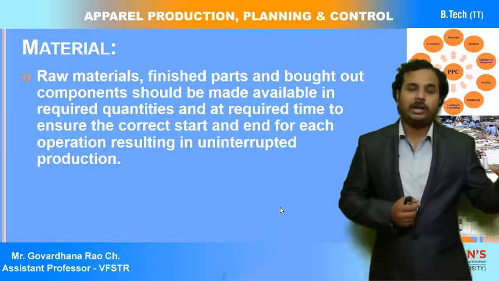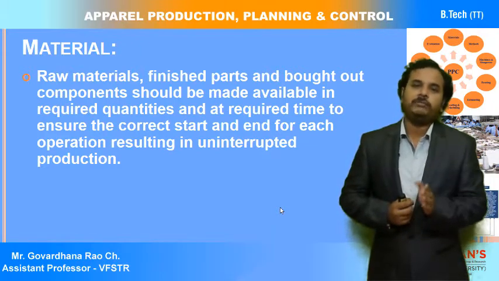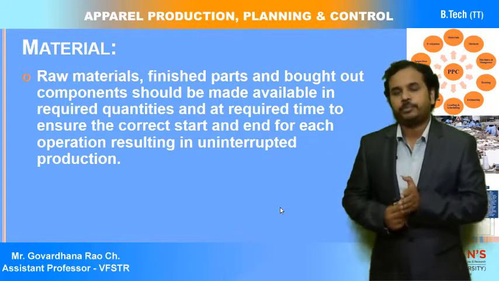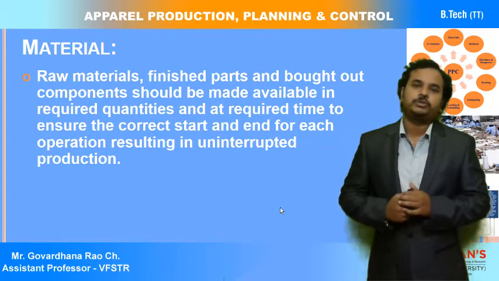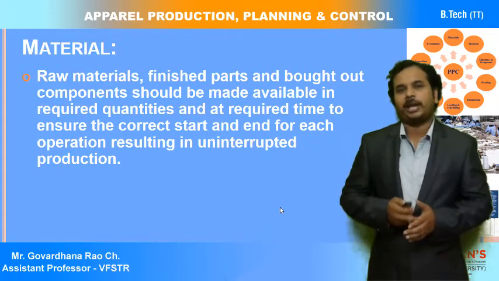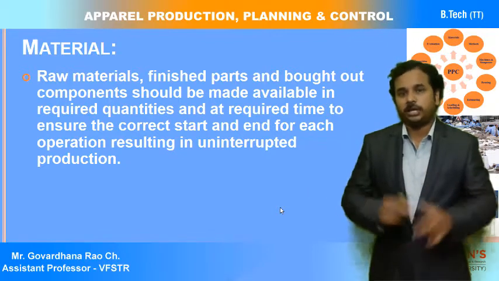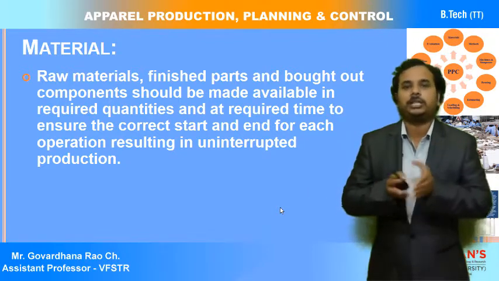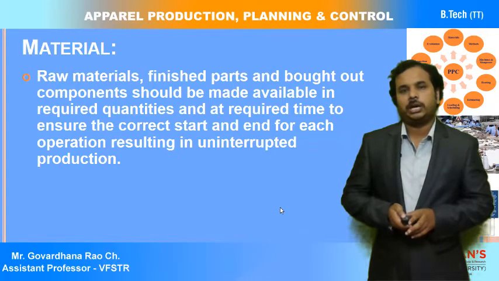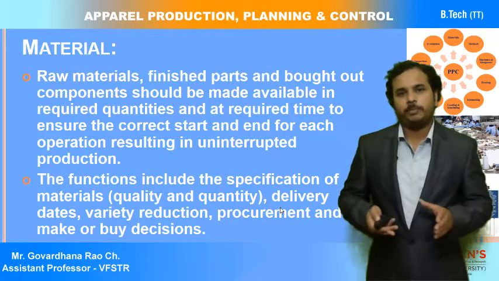Only after the required quantity of material is available are we going to plan for production. Otherwise there are interruptions in the production department, you have to replan, and sometimes because of these interruptions you cannot maintain the garment quality. So that is very important.